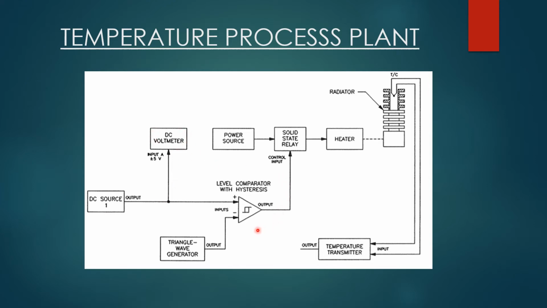The comparator is then connected to a solid-state relay which is connected to a power source. The signal from the solid-state relay is then transferred to the heater. Over here, the electrical signal is converted to heat energy. The energy then flows through the radiator to the temperature transmitter, and then finally we have the output of the process plant.